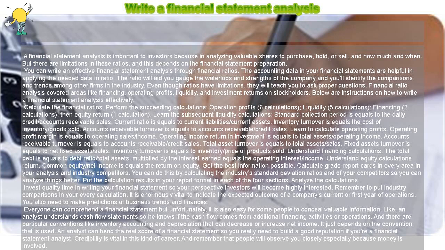Total asset turnover is equal to total assets/sales. Fixed assets turnover is equal to net fixed assets/sales. Inventory turnover is equal to inventory/price of products sold.